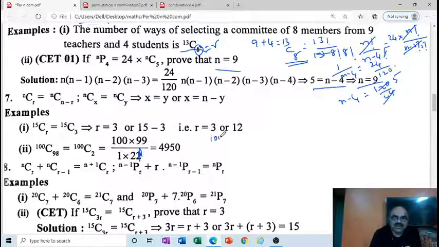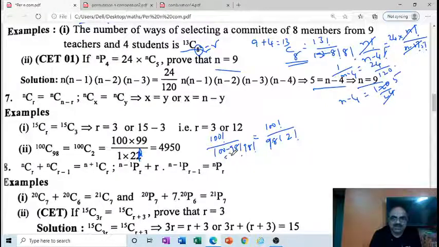So it is 100 factorial by (100 minus 98) factorial into 98 factorial. It can also be said as 100 factorial by (100 minus 2) factorial into 98 factorial into 2 factorial. Both are one and the same.